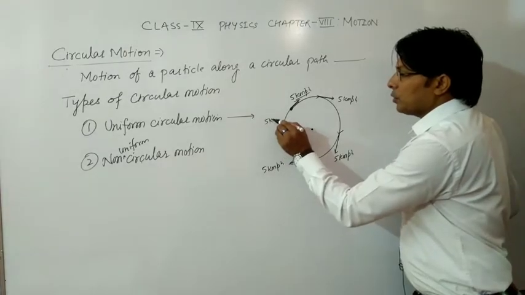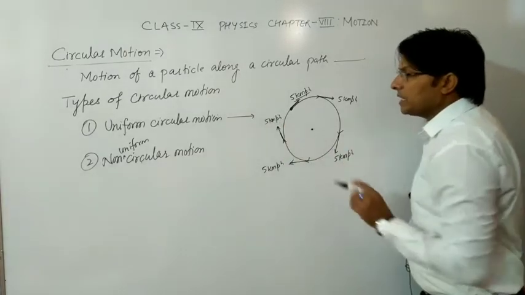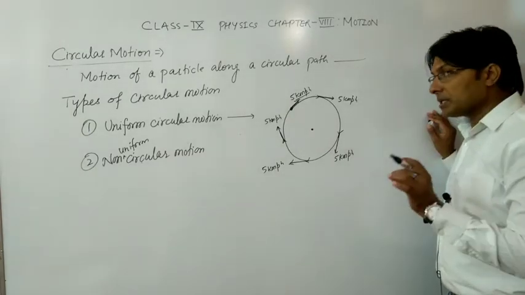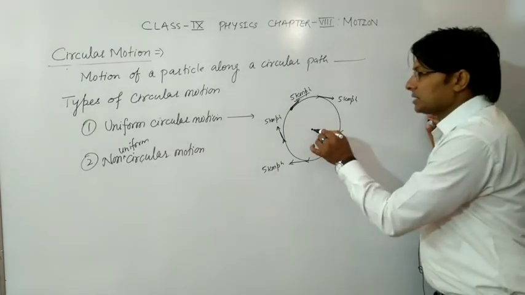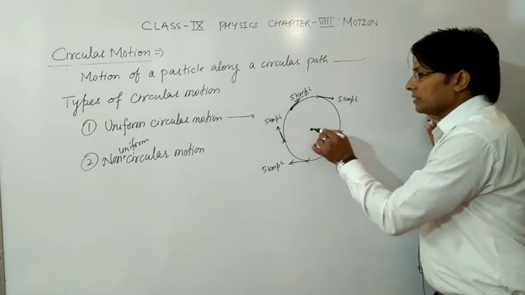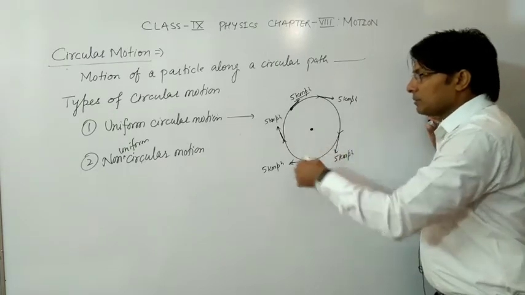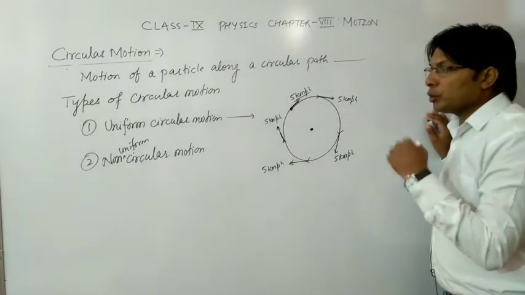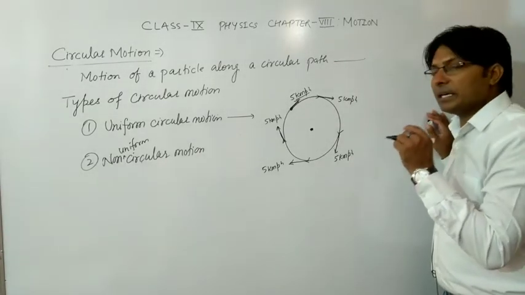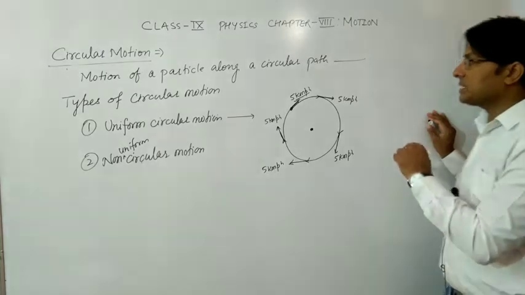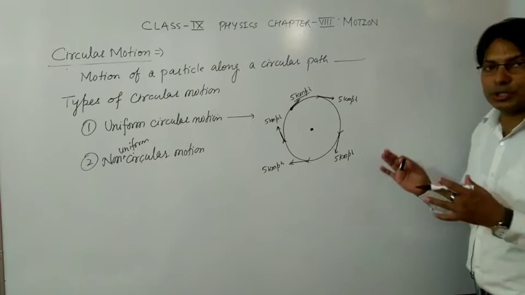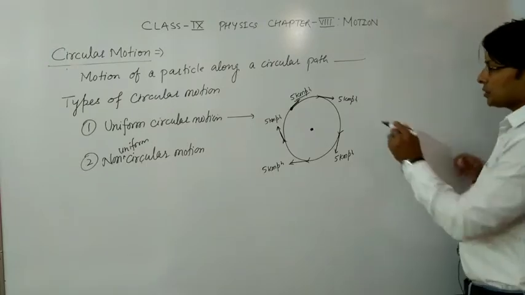Because the magnitude of the speed is not going to change, but the direction is changing, because the particle is moving along a circular path. That's why the direction keeps on changing, but the speed remains the same. So if the speed is the same and the direction is changing, then such motion is said to be uniform circular motion.